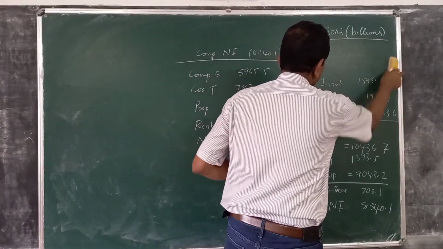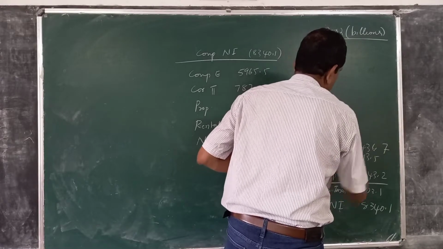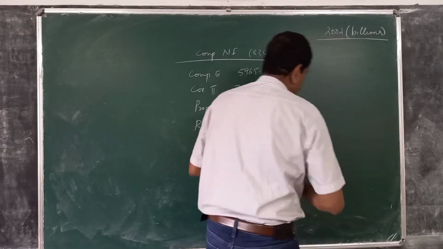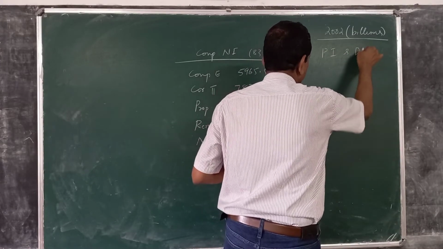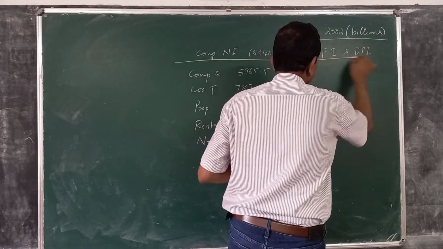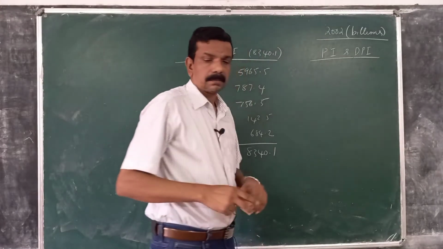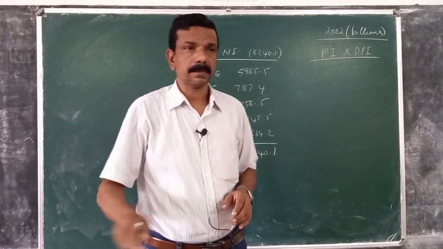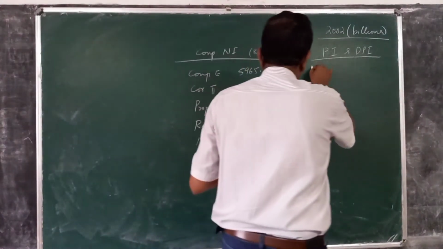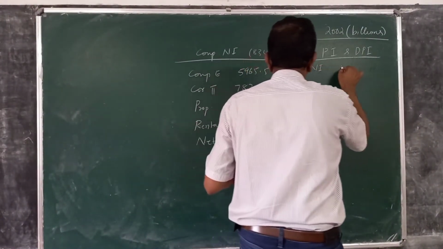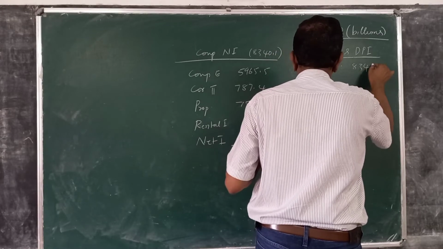Now we consider personal income and disposable personal income. Now, national income is 8340.1.